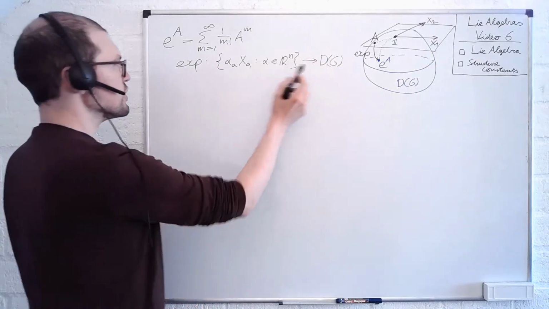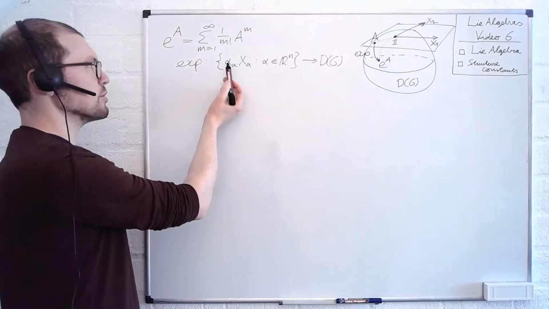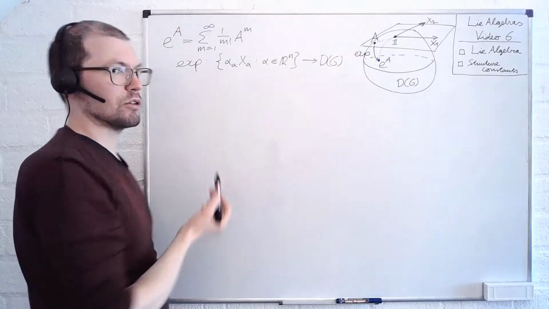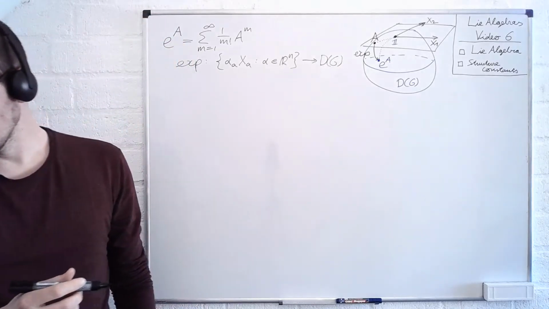Okay, and we notice that actually this mapping is surjective, so any element here can be obtained by the exponential of some linear combination of generators on this side.